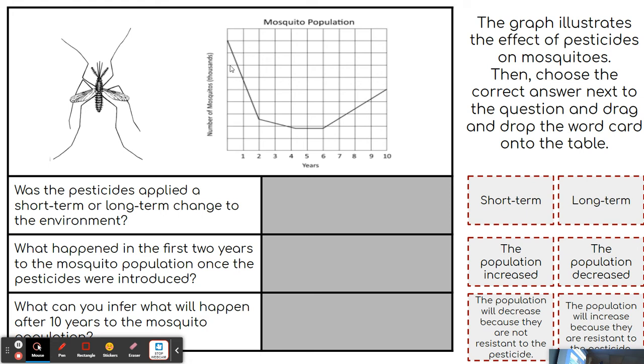So what we can see here is a decrease in the mosquito population, and then still a decrease here, it's flattening off, and then our mosquito population is increasing. So our question, was the pesticides applied short-term or a long-term change to the environment? So let's reread. The graph illustrates the effect of pesticides on mosquitoes. I would say that that is short-term.